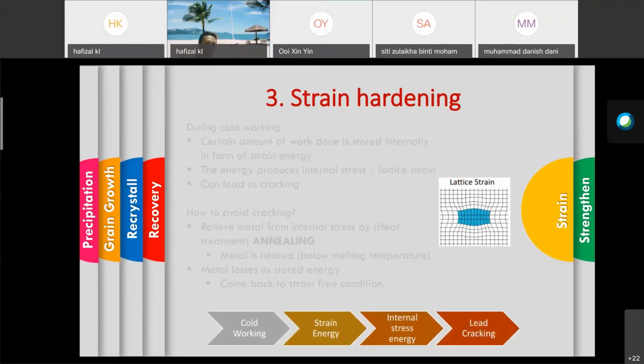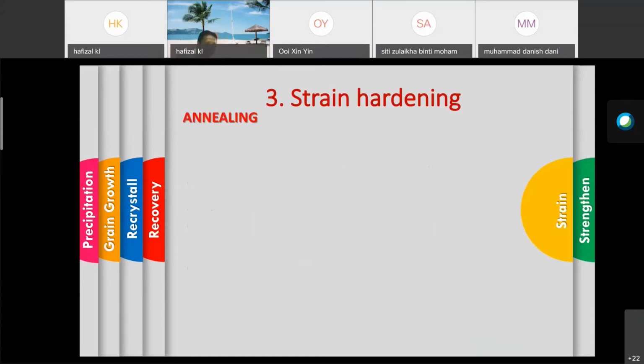So during cold working, from the macroscopic point of view, we have the atomic arrangement and lattice energy produced, where internal stress energy takes place and leads to cracking.